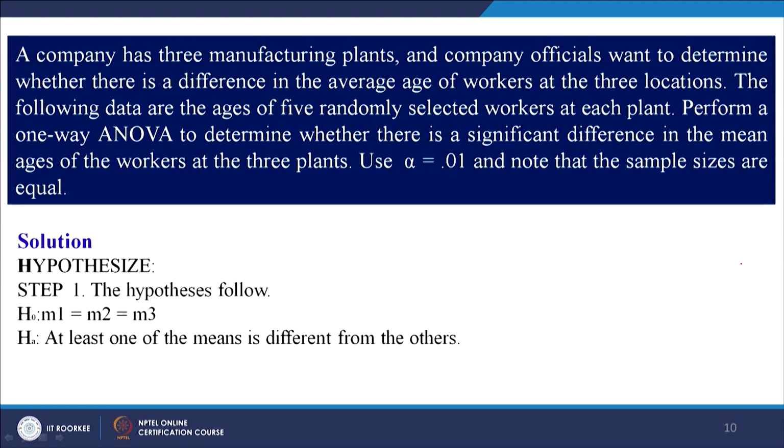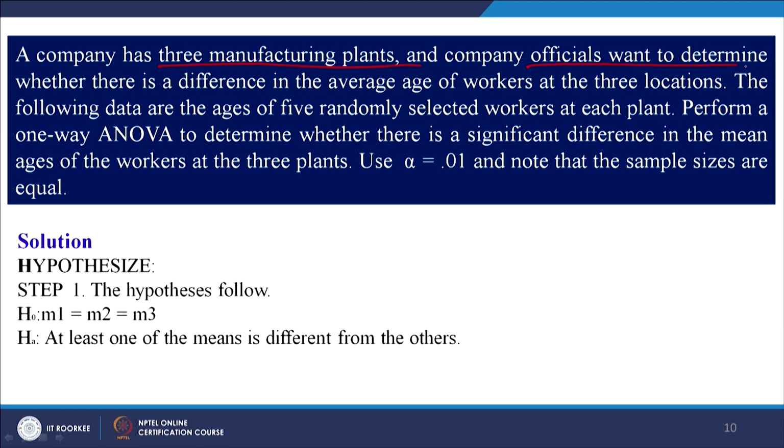Now, let us look at one more question. Now, this is the question on the difference in average age of workers. So we have got a company has got 3 manufacturing plants.